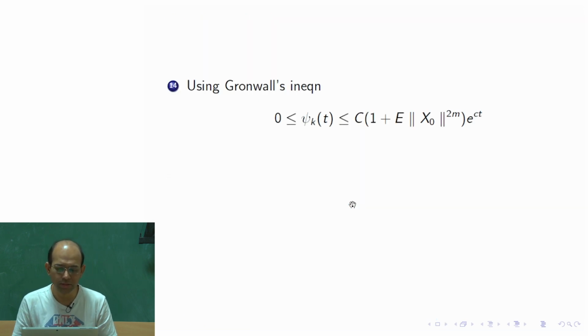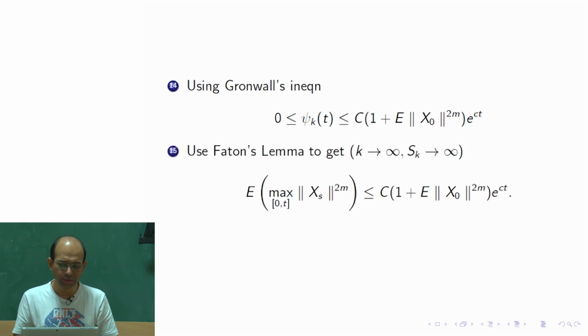It is not like I have to get c t square or something to get a bound; only with exponential in t we can get a bound. Or you can think that if I take log, then that can be bounded by some kind of linear growth function. So, that is the inequality we obtain, and this is non-negative of course, because it is the expectation of the norm of something.